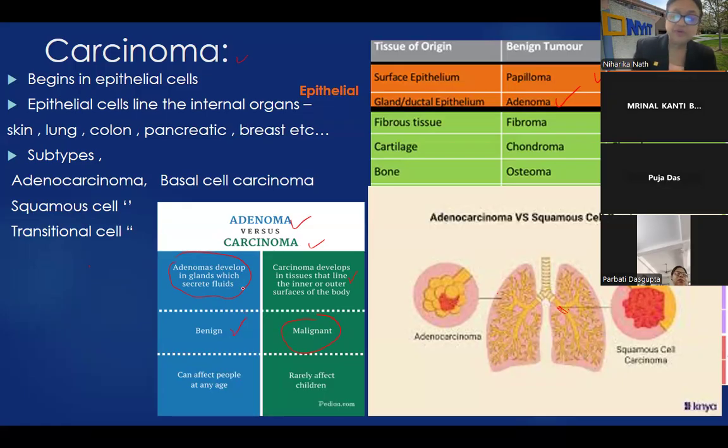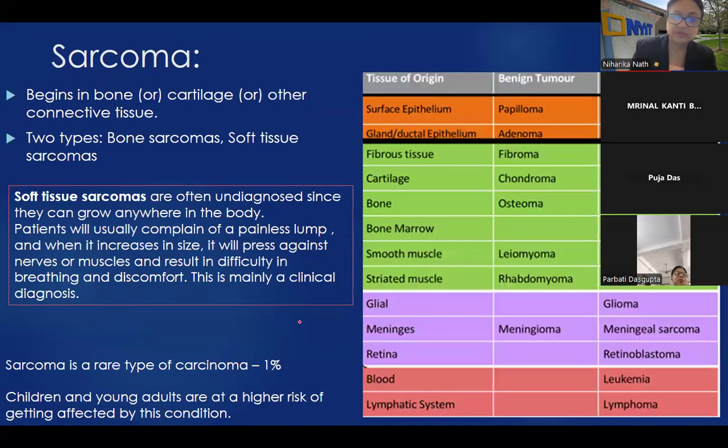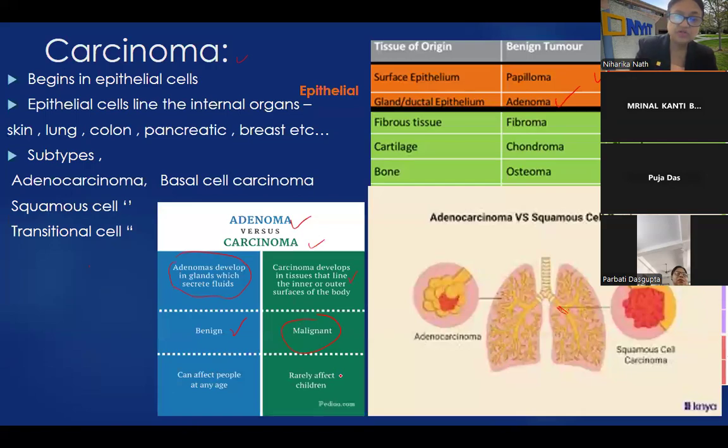Now, important for you to note that the adenoma can affect anybody at any age. That means children can also have adenoma. You hear that? Children can have an adenoma, but a carcinoma will rarely be in children.